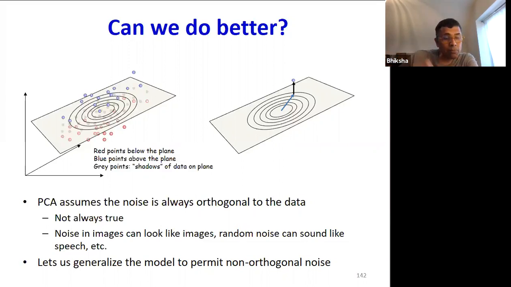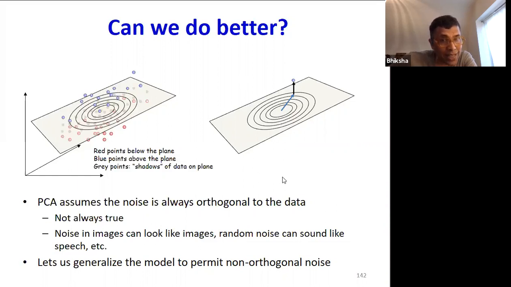Similarly, look at random dots or Rorschach tests. Those things look like real stuff. You can see faces and clouds, you can see dogs, you can see cats, you can see stars. Noises and images also look like noise and look like images. So it is not true that in real world data, the noise is always orthogonal to the data. That's not the case.